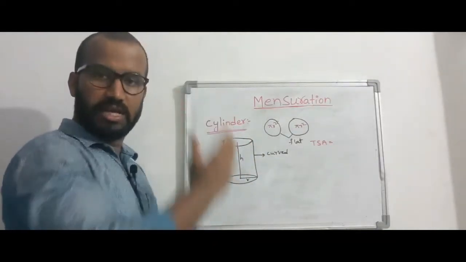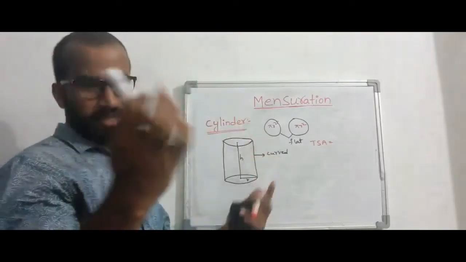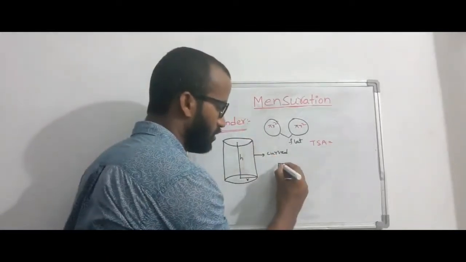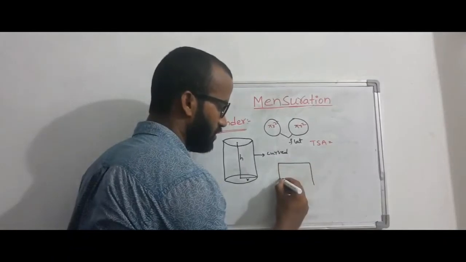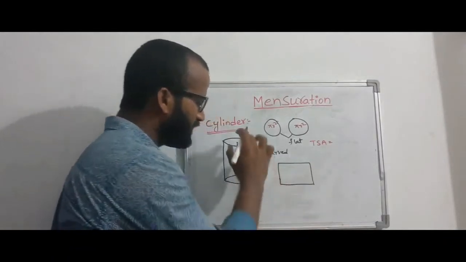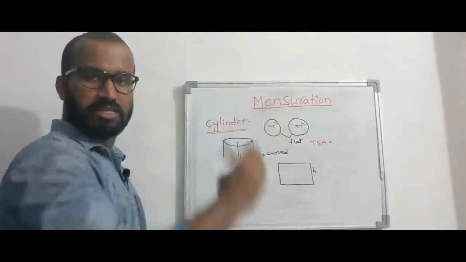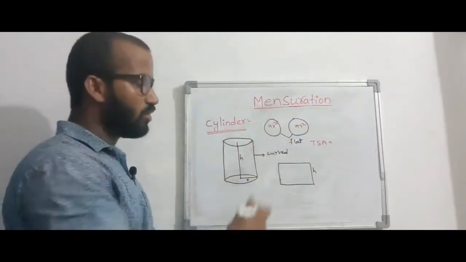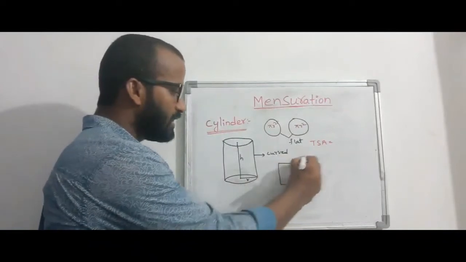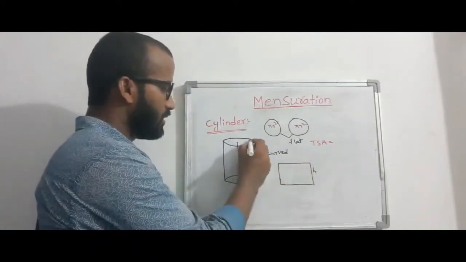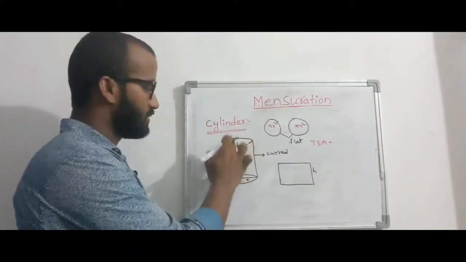If I cut that cylinder and extend it, it is going to form a rectangle. What is the height of the rectangle? H. What is the length of this side? Circumference.